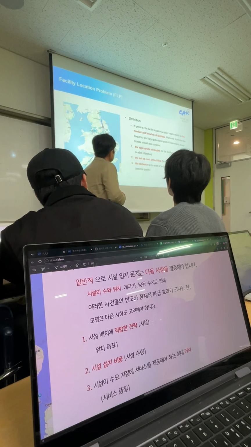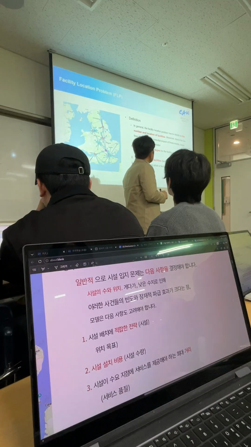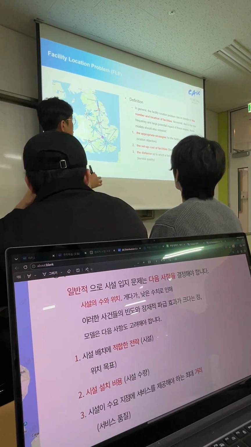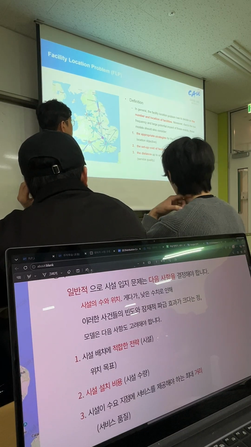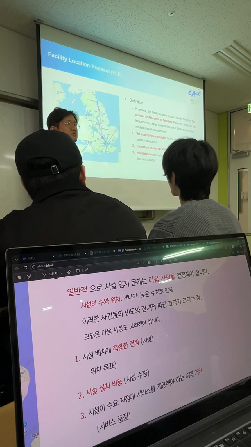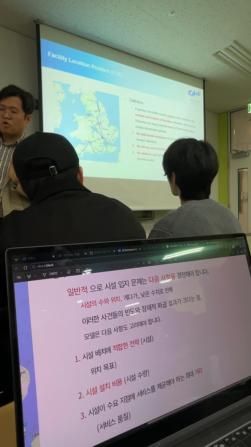Either reduce the number of locations or maximize the customers' demand served by a fixed number of warehouses. That is two different ways of optimization. So there are many strategies. Strategy means setting up the objective function.